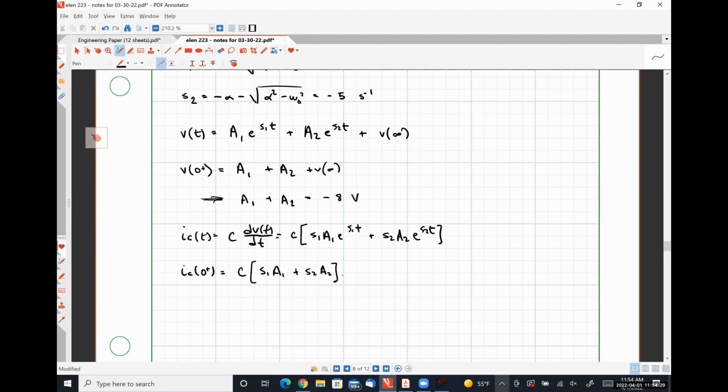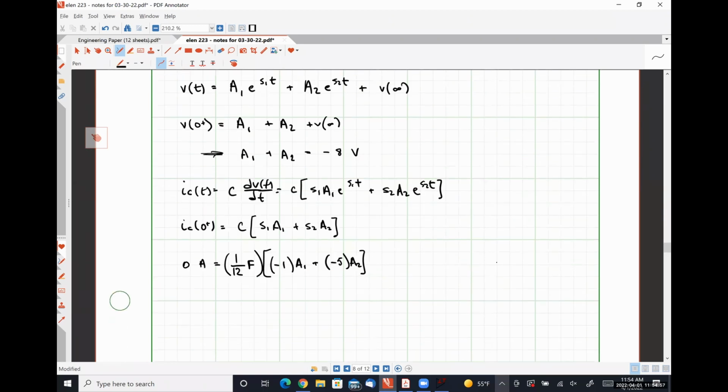So C is 1/12. So let's see. IC at 0 was 0. So we have 0 amps is equal to 1/12 of a farad times S1, which was -1 times A1 plus S2, which was -5 times A2.